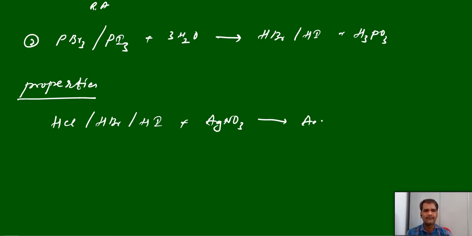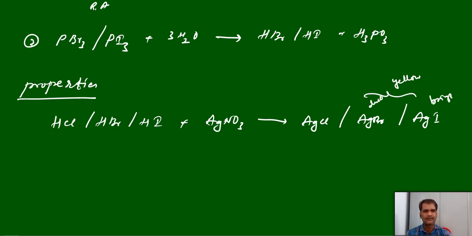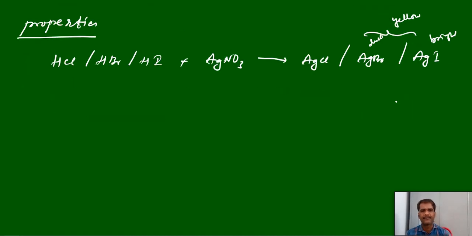HCl forms silver chloride, a white precipitate, and HBr forms a pale yellow precipitate. HI forms a bright yellow precipitate. Both AgBr and AgI are yellow in color, but one is a dull color and the other is bright. Bright yellow and dull yellow, pale yellow we can say.